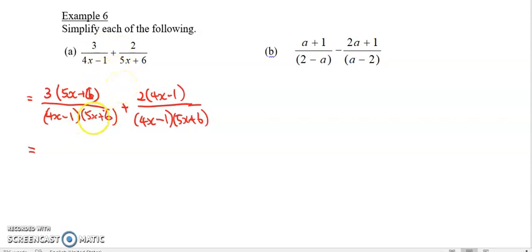We are just multiplying the denominators to each fraction, such that both of them will end up having the same denominator. Since now they have the same denominator, we can add them.